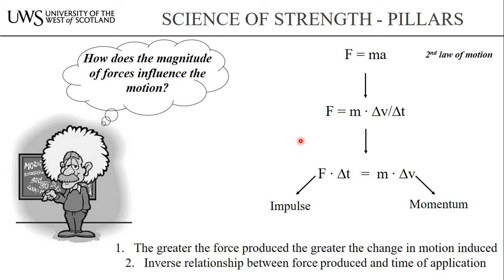So higher levels of force or greater amounts of force across time will determine an increase in momentum. And this relationship is positive and linear. So higher forces, greater change in motion.